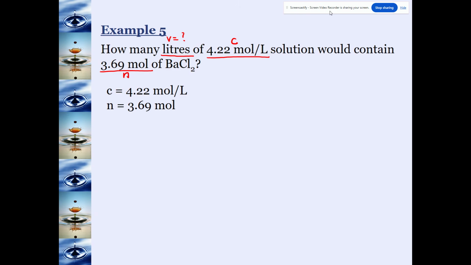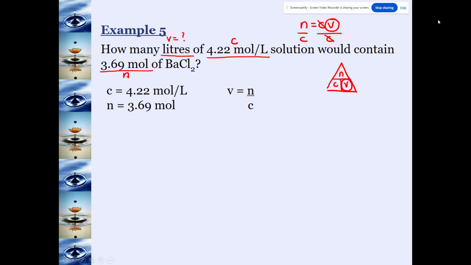Now the formula, again, if you're using the triangle method, C equals N over V. When I'm solving for V, it would be N over C. Or if you memorize the formula N equals C times V, I'm solving for V, so I divide both sides by C. So V equals N over C, okay?